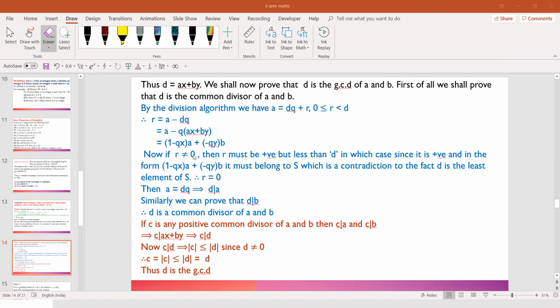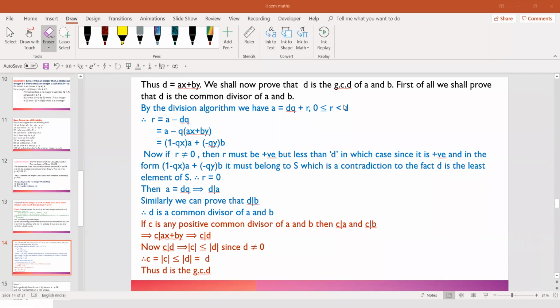Now I take the case if R is not 0. R may be 0 or greater than 0. If R is not 0, then R must be positive, but less than D, remember.